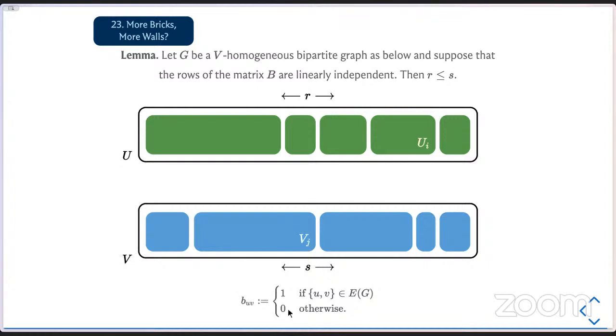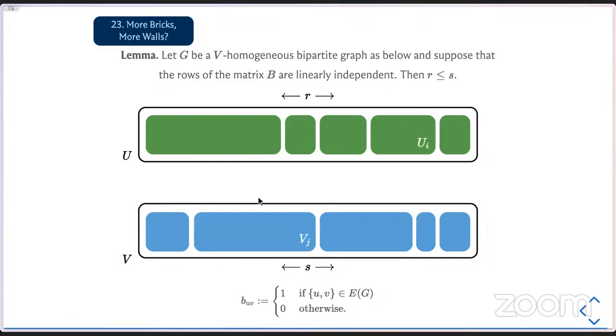That's the bipartite adjacency matrix. And it turns out that if this matrix has the property that the rows are linearly independent, then R is at most S, provided that the graph is V homogeneous to begin with, so that all the vertices in each of the V parts have the same degree into each of the U parts. You do need that.